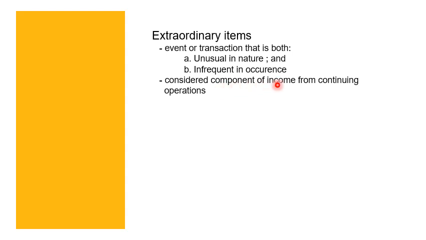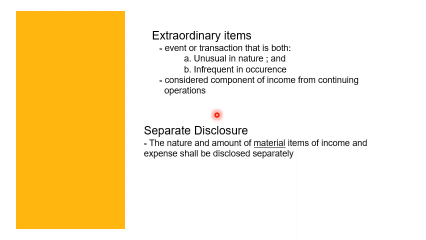Part na siya ng income from continuing operation. Walang separate accounting sa kanya. So, kahit extraordinary items yan, part siya ng income from continuing operations. Separate disclosure, the nature and amount of material items of income and expense shall be disclosed separately.